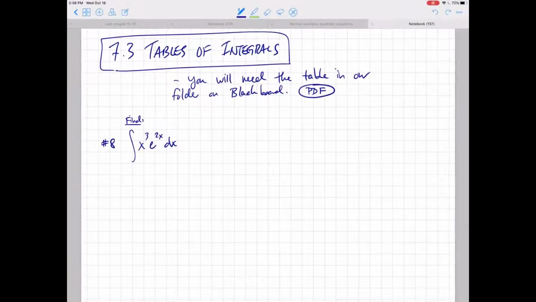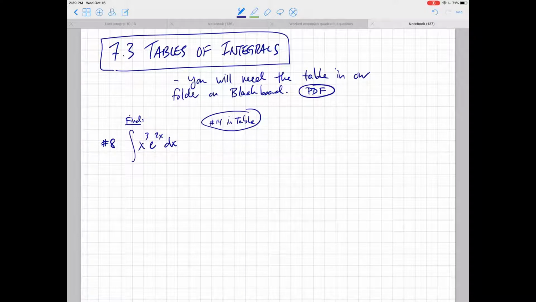So we'll head back and look at this guy here. So this should be from number 14 in the table. And I'd like you to cite which one in the table you use if you're working this out on an assessment.